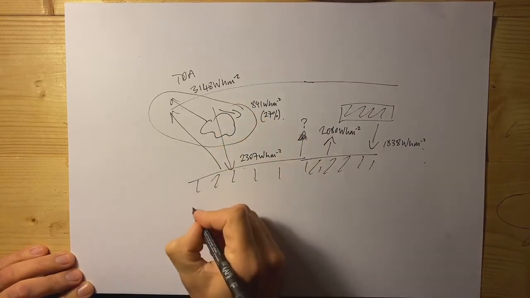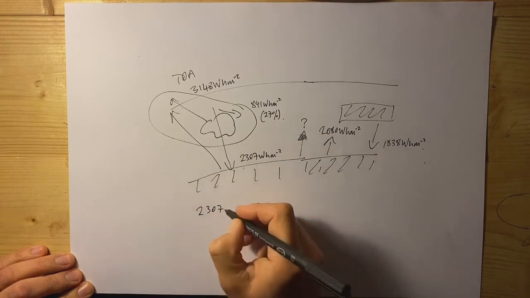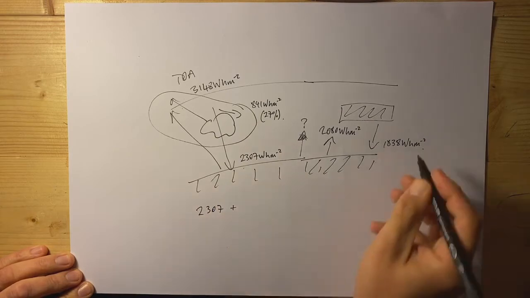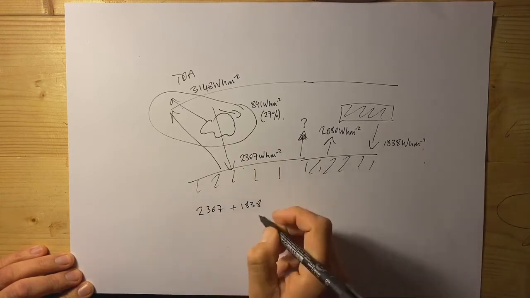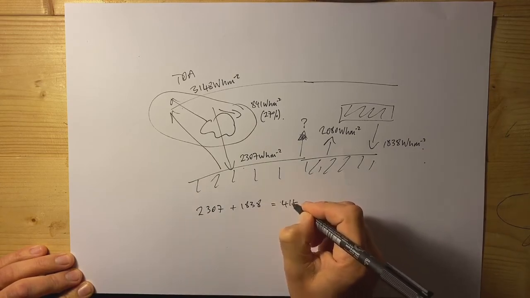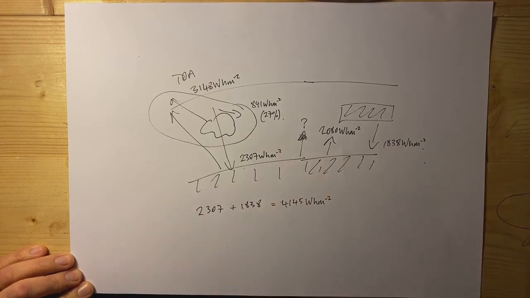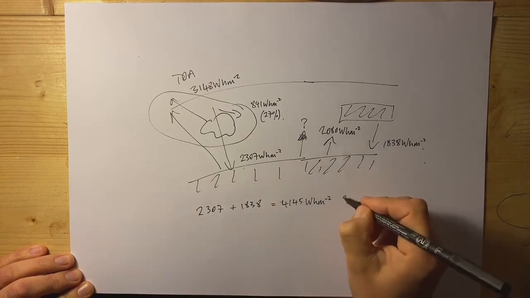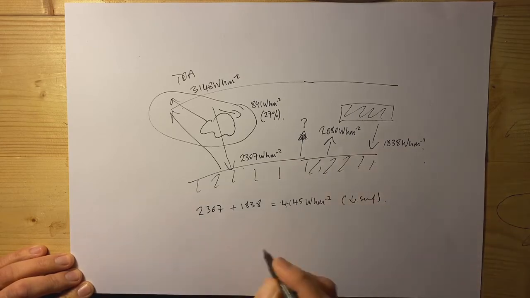So the surface is receiving 2,307 watt hours in the short wave, plus 1,838 watt hours per meter squared in the long wave, which gives us 4,145 watt hours per meter squared total down to the surface.